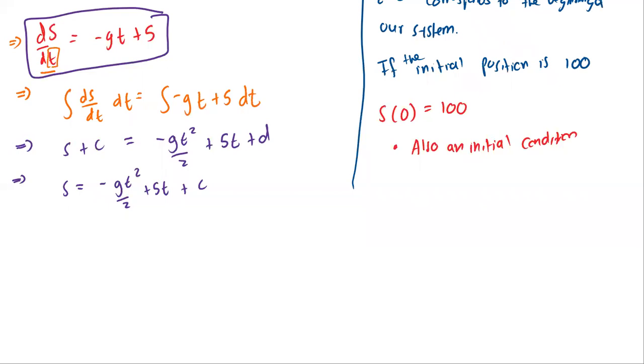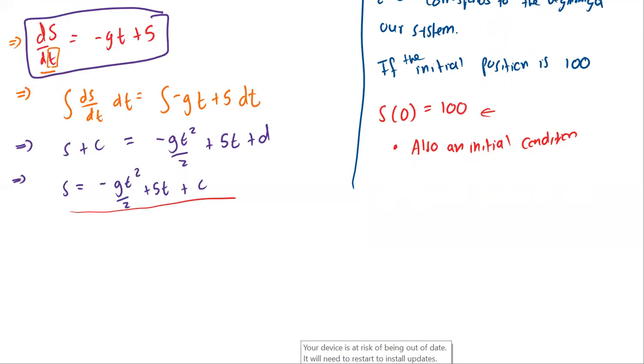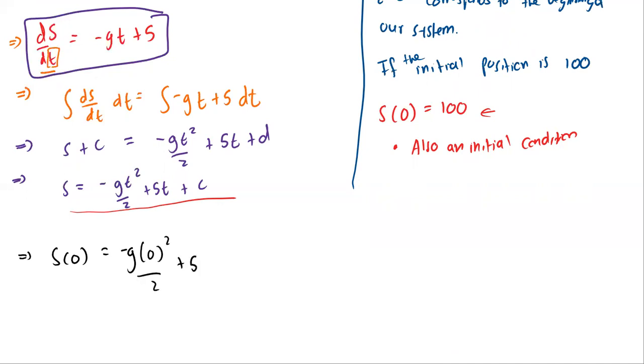In particular, not every function of this form is going to satisfy this condition. So how do we find the ones that actually do? Well, we again have to just plug in 0 for t into our possible forms of solutions. And we know that that should be equal to 100.